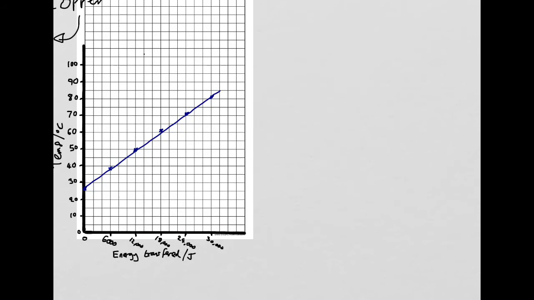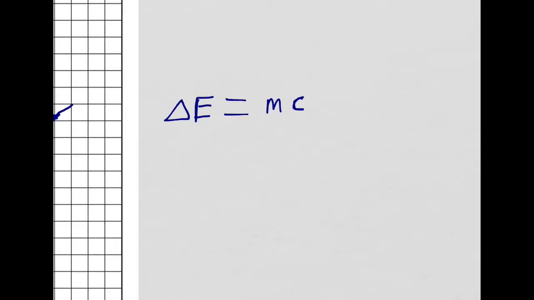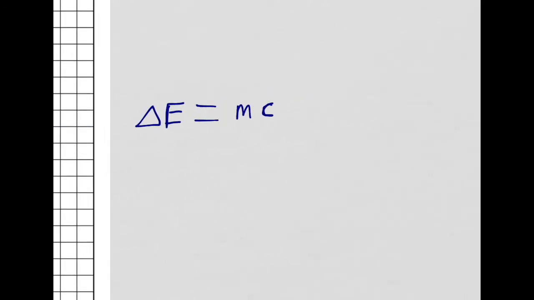Now we're going to use this equation to calculate the specific heat capacity. So the energy that you transfer into a block, that's delta E, the change in energy that the block has, is going to be equal to the mass of the block multiplied by its specific heat capacity, which we represent with the letter C, multiplied by its change in temperature, which we represent with a delta theta.